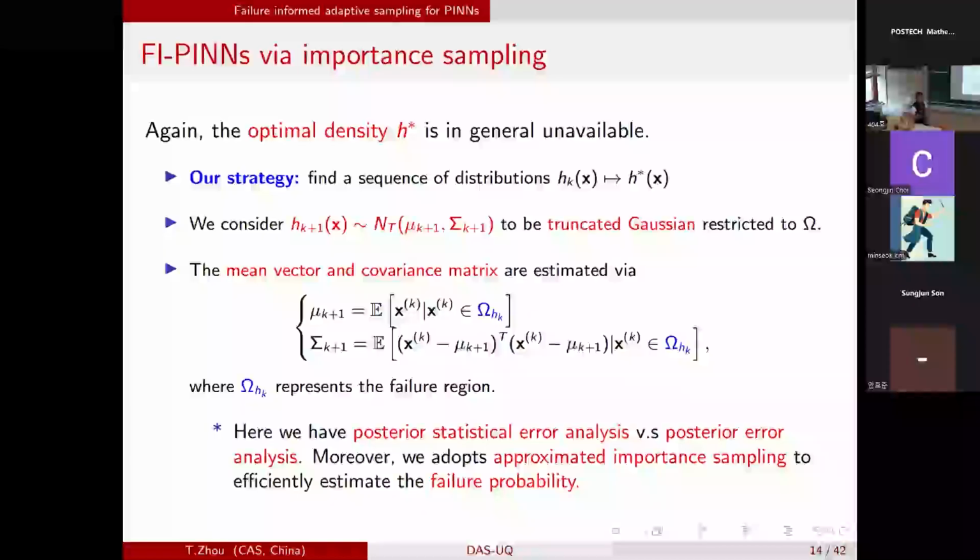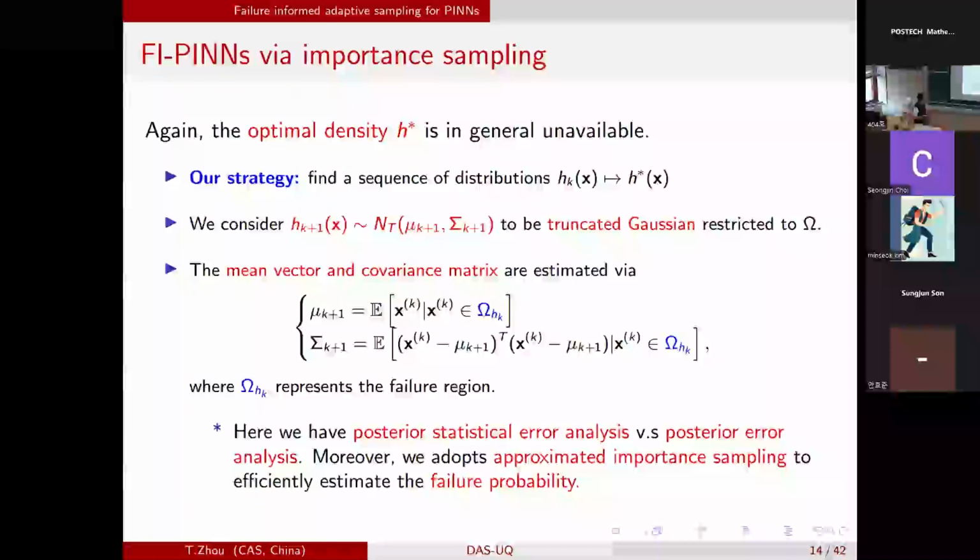You can use other types of density beyond Gaussian, but this is the simplest way to do this. This is actually the so-called posterior error analysis. This is similar to finite elements, where we call this posterior error indicator or posterior error analysis.